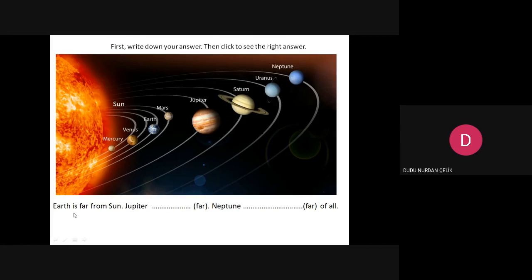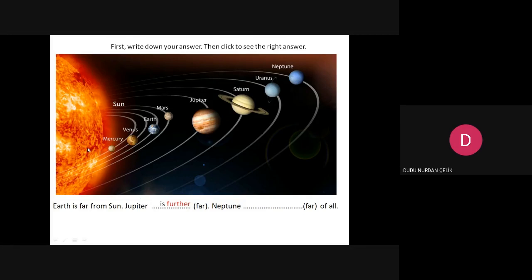Okay, let's say now. Earth is far from the Sun. Look, Mercury is close. Venus is close. Earth is far, we can say. But Jupiter, look, Jupiter is after Mars. So we can say Jupiter is further.